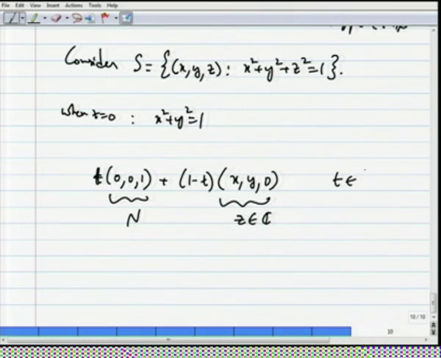When t is allowed to be any real number, this gives you a straight line connecting 0, 0, 1 and x y 0.